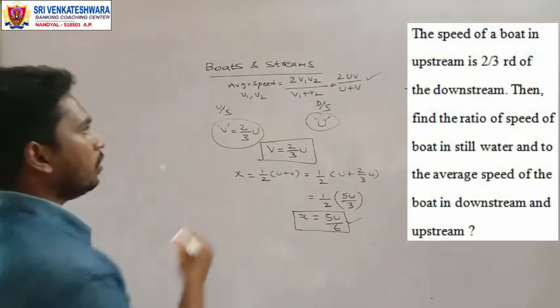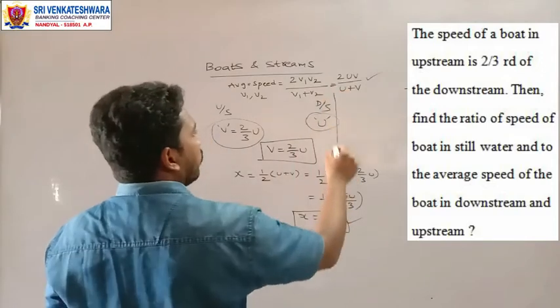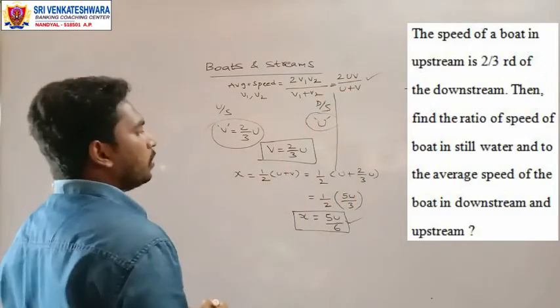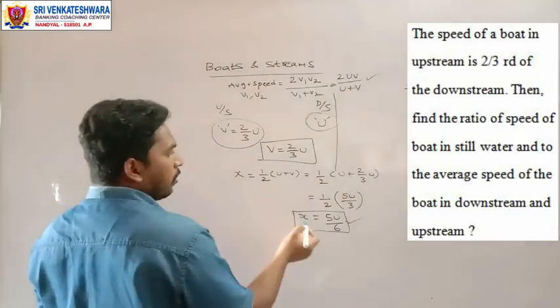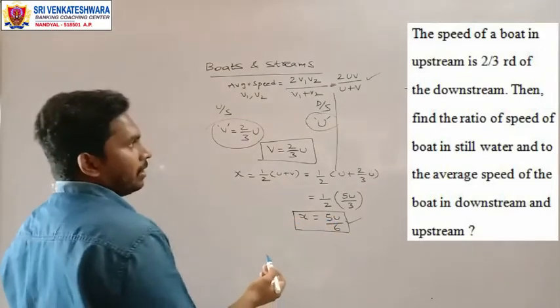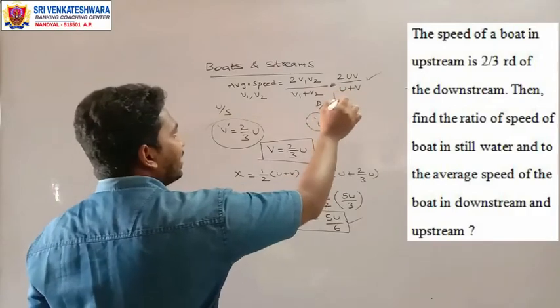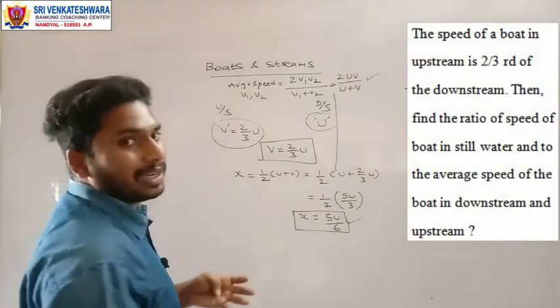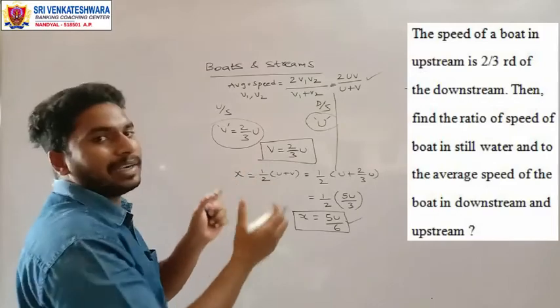Now try to find this value in terms of U, because we have the speed of boat in still water in terms of U. So you can easily cancel and get a ratio.